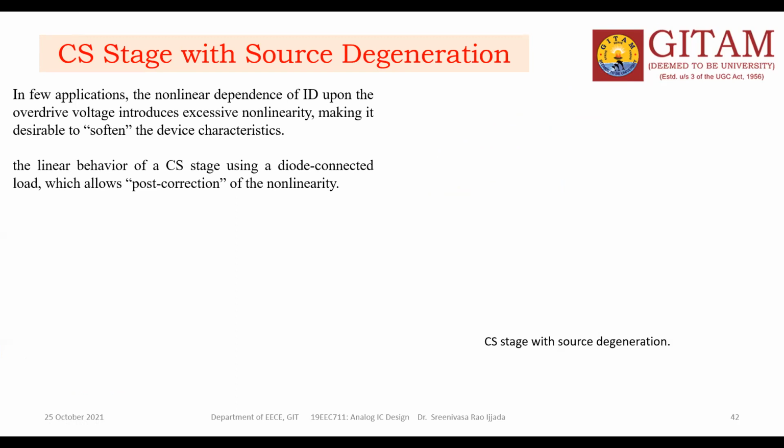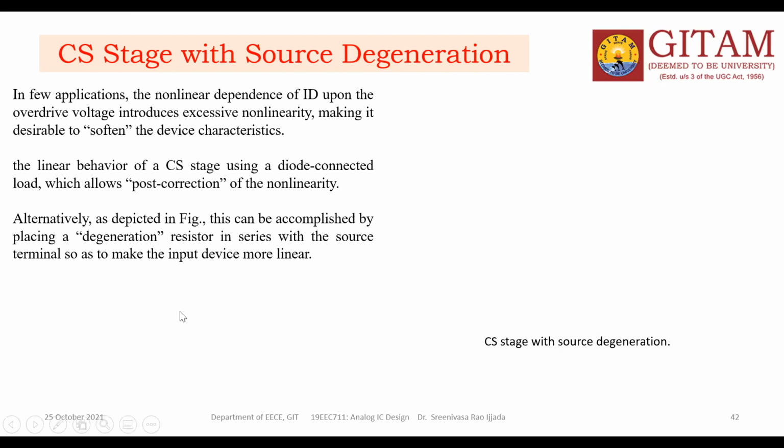That is the aim of using the diode connected load, where we need to do some post corrections to get linearity. Alternatively, as depicted in the figure, this can be accomplished by placing a degeneration resistor in series with the source terminal so as to make the input device more linear. In the diode connected load, we need to do the post corrections.